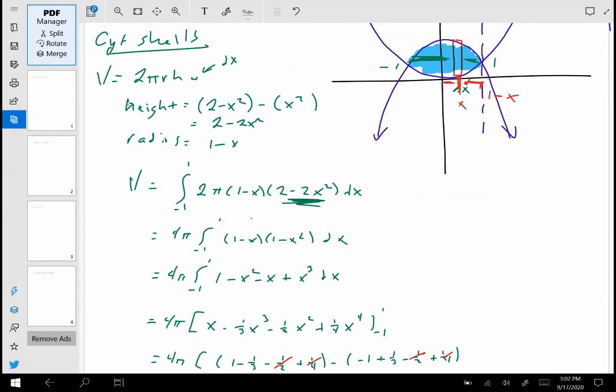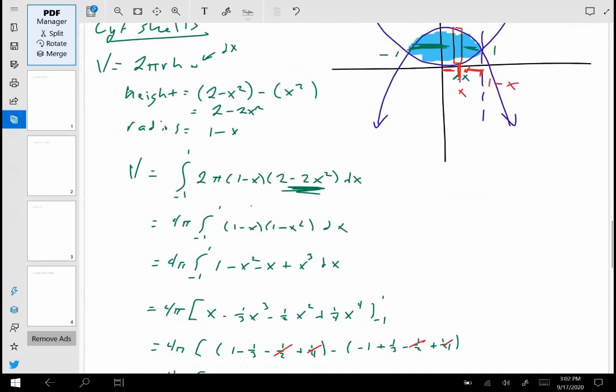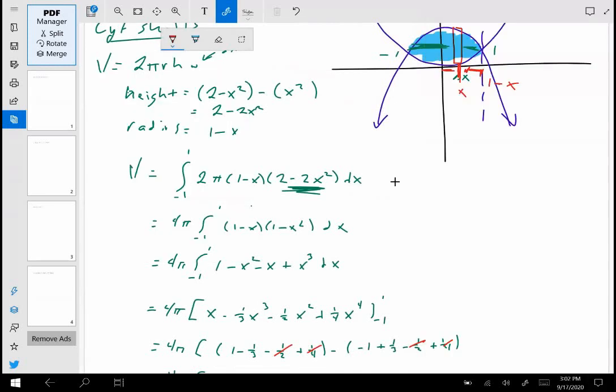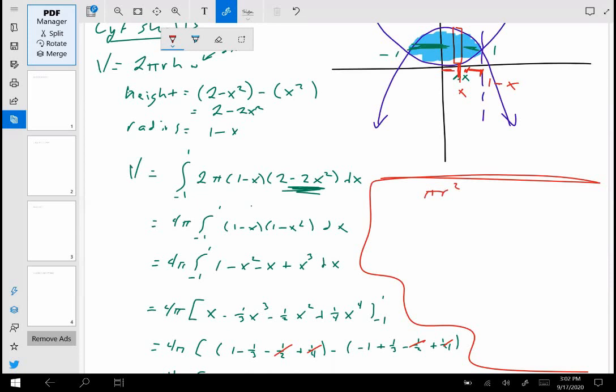if you tried to set up the disk method, just thinking about the setup, okay? We just want the pi r squared for our volume, right?